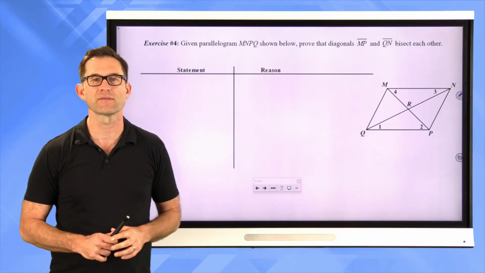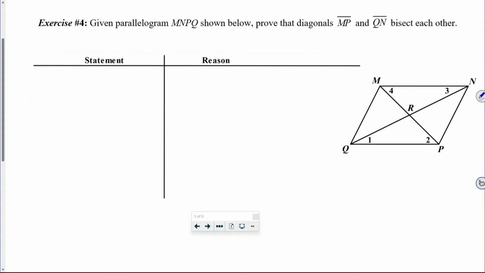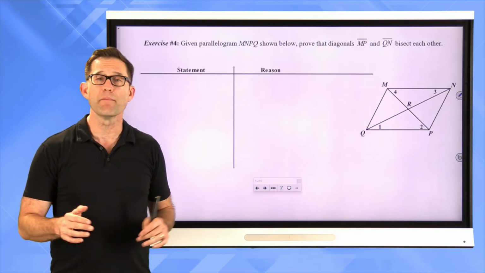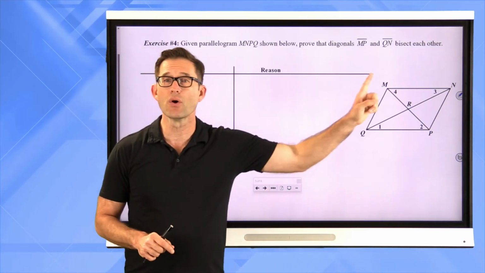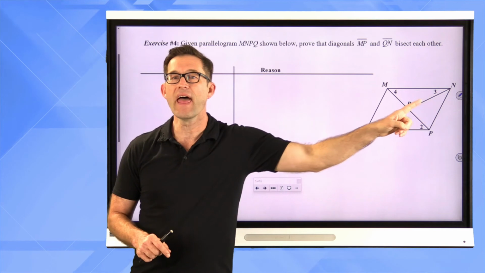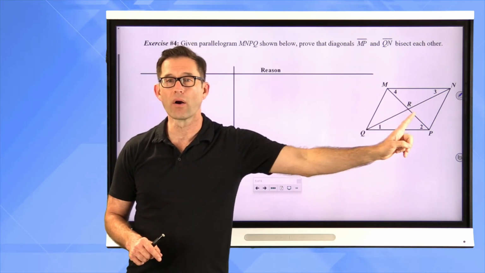So let's take a look at exercise number 4. Given parallelogram MNPQ shown below, prove that diagonals MP and QN bisect each other. All right. Now keep in mind, in order to prove that they bisect each other, I really have to show that MR and RP are the same length, and that NR and QR are the same length.